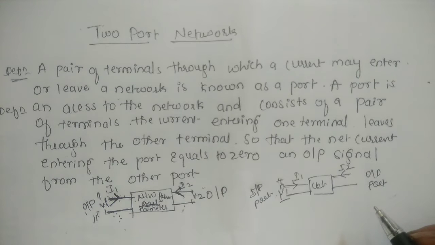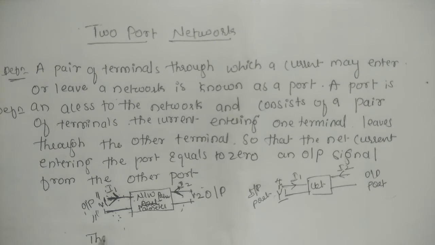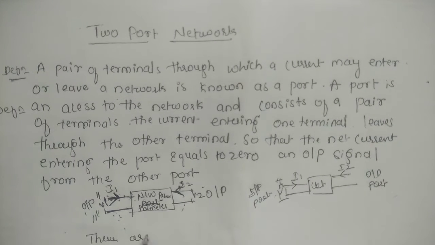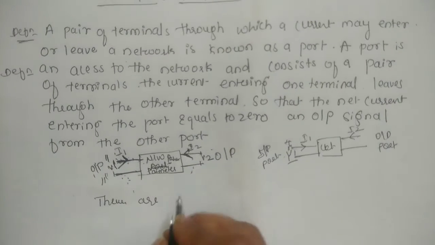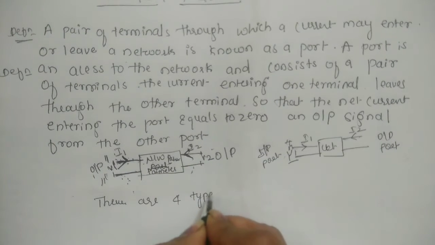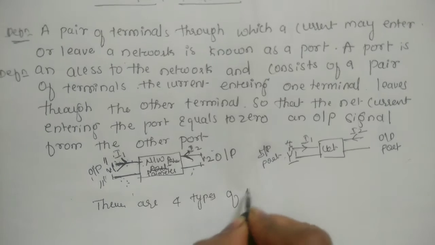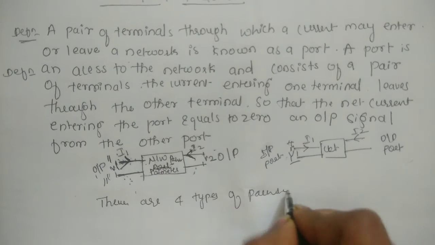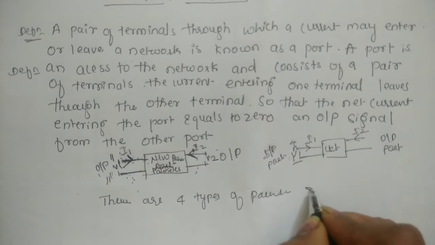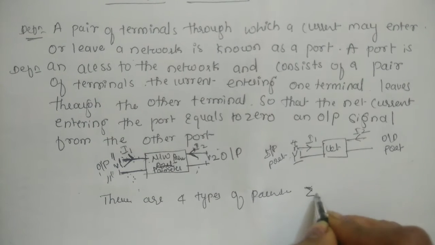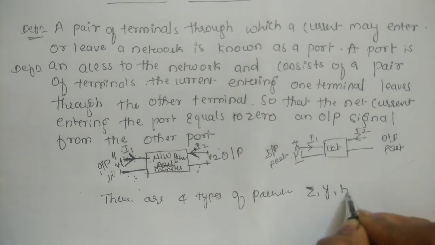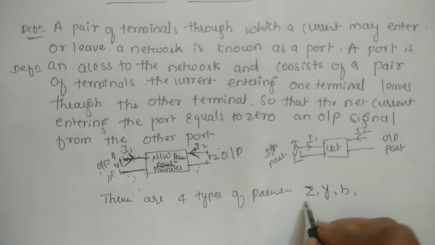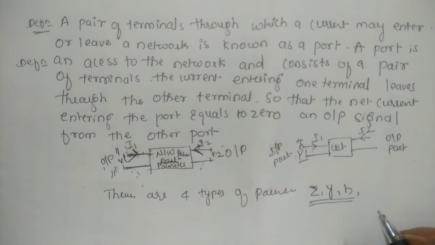Open circuit impedance we can call it a parameter. There are four types of parameters: Z, Y, H, but we have to study only three parameters.